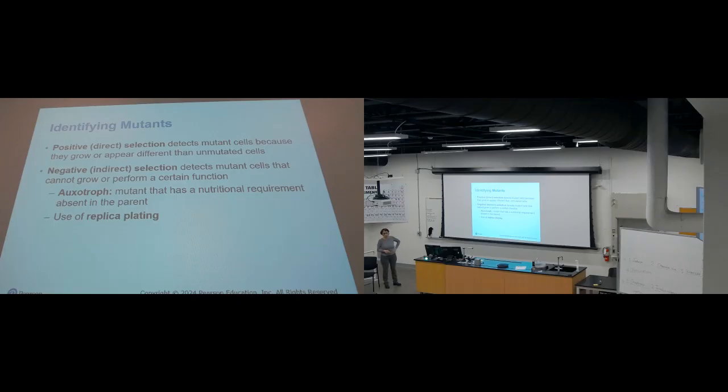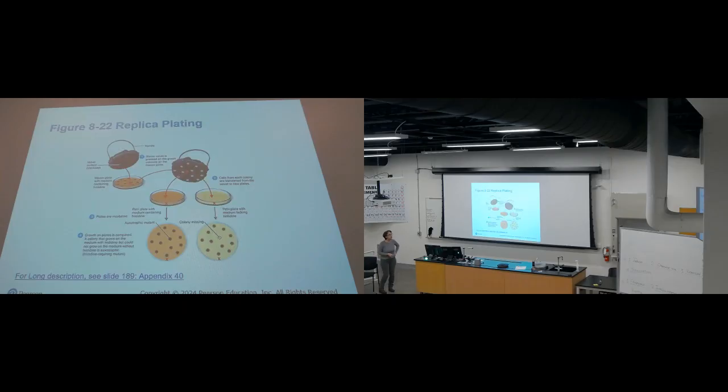And then you can use replica plating to find out where is your mutation. So you have, in this case, a media, a Petri plate that has histidine, this amino acid. And then you have this device that has this circular surface that is similar in size to this Petri plate.